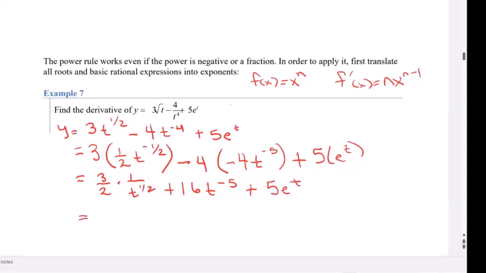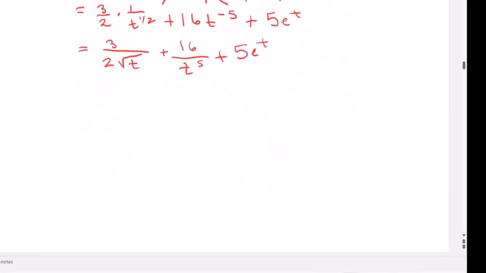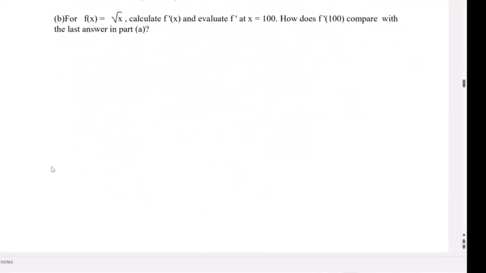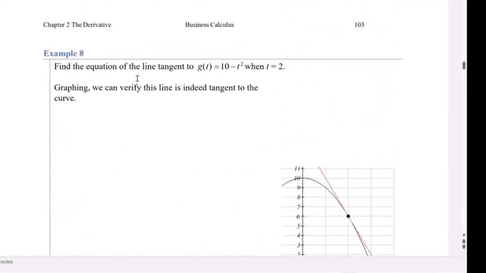This is the same as 3 over 2 times the square root of t, plus 16 over t to the 5th, plus 5e to the t. And that's it. That's our answer. If you have any problems with any of these, please feel free to stop by my office hours or write me an email and we'll set up some office hours.